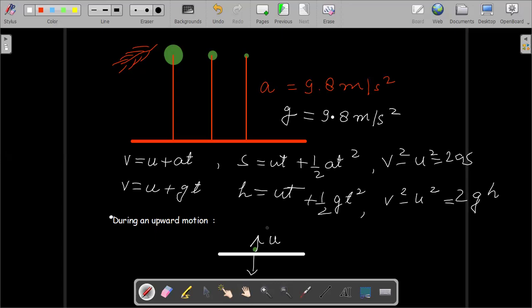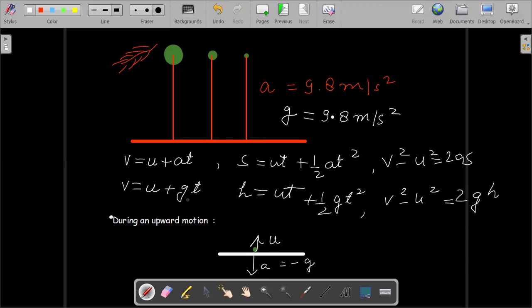Since they are opposite to each other, the acceleration due to gravity here will be equal to negative g. We will write it with a negative sign.